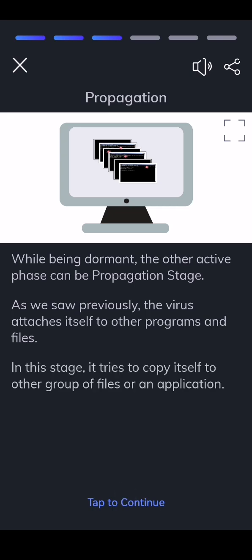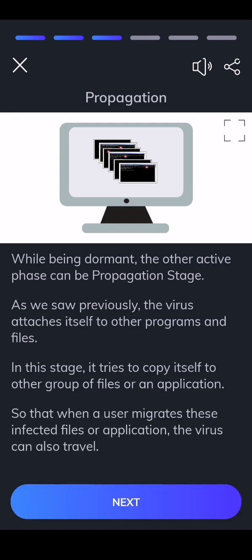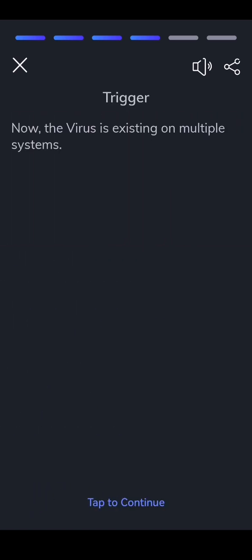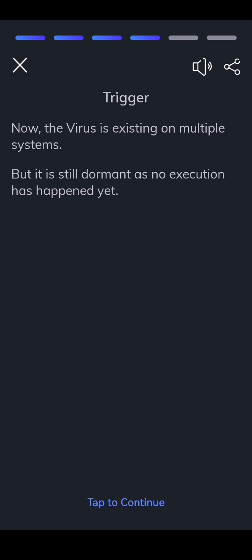In this stage, it tries to copy itself to other groups of files or applications, so that when a user migrates these infected files or applications, the virus can also travel. Now, the virus exists on multiple systems, but it is still dormant as no execution has happened yet.